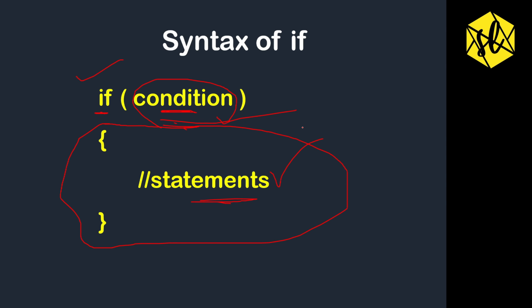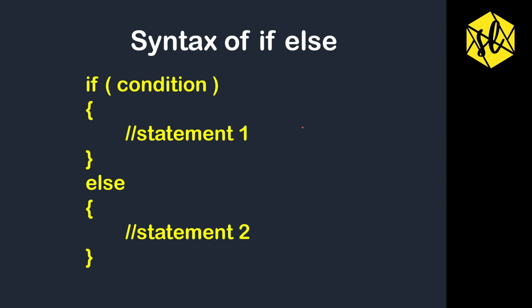Now let's move to the syntax of if else. Here we have two keywords, if and else. The if statement checks a condition. Let's say this condition is true, then statement 1 will execute and the else part will not.